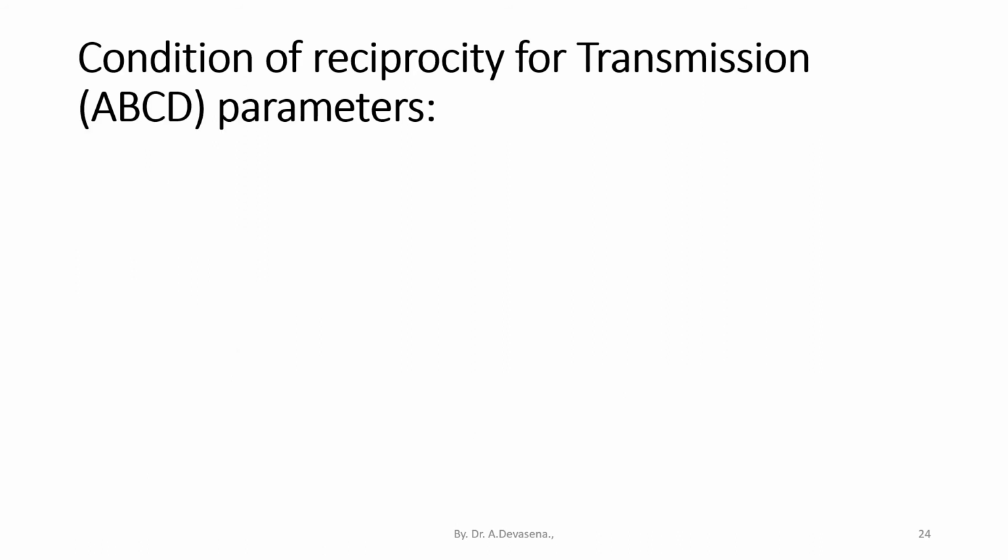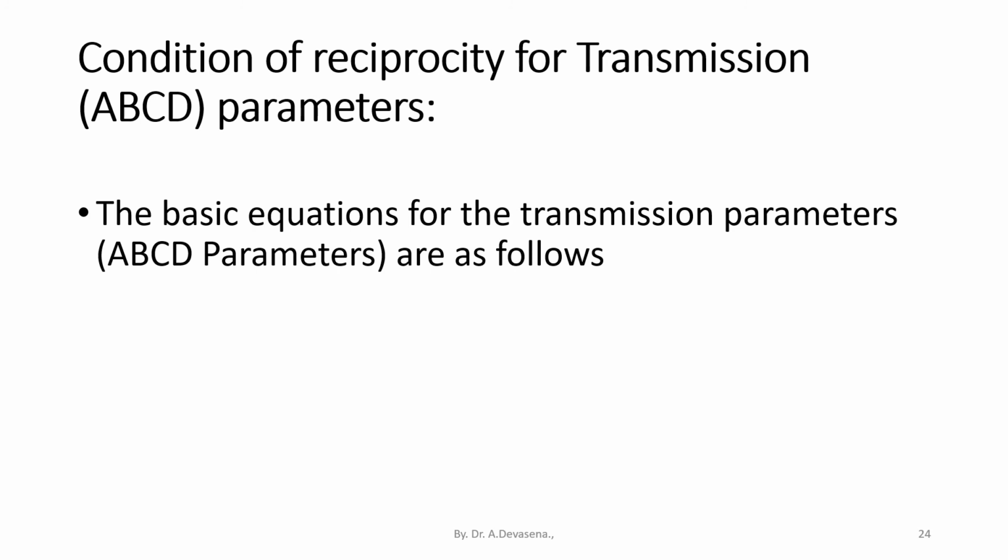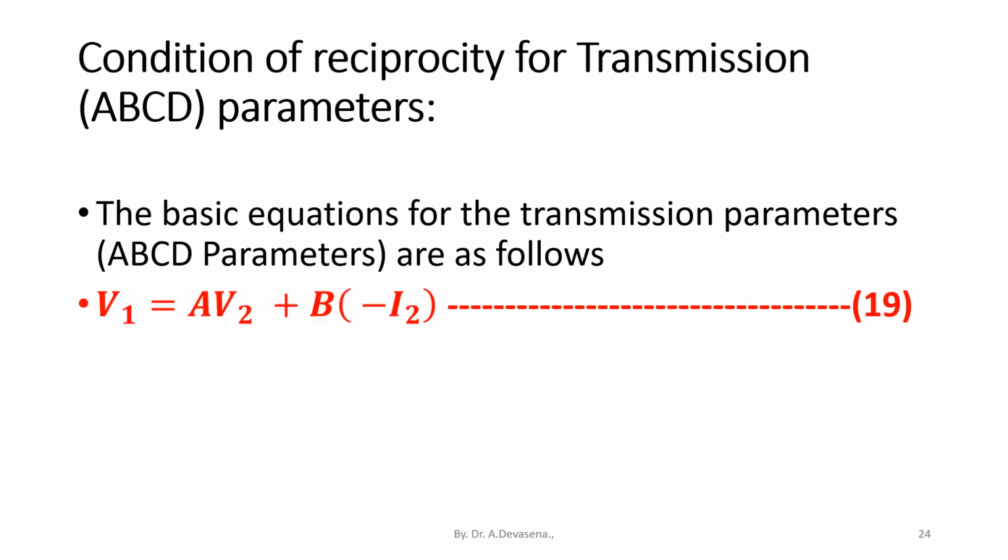Let us discuss the condition of reciprocity for transmission parameters, that is ABCD parameters. The basic equations for the transmission parameters are as follows. Here V1 is equal to A into V2 plus B into minus I2. Consider this as equation 19.